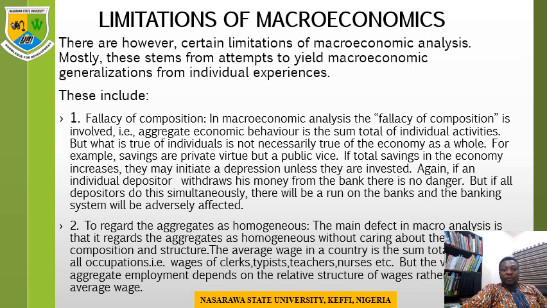But what is true of individuals is not necessarily true of the economy as a whole. And we are simply saying that if macroeconomic analysis is saying that it is the summation of individuals that results in the total activities, sometimes this may not be true.